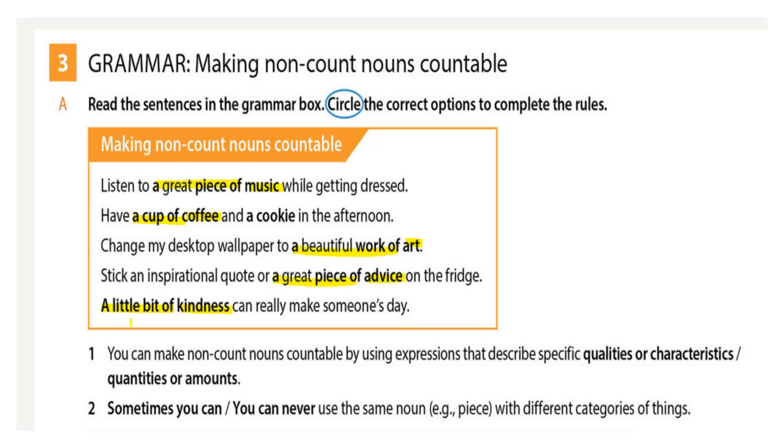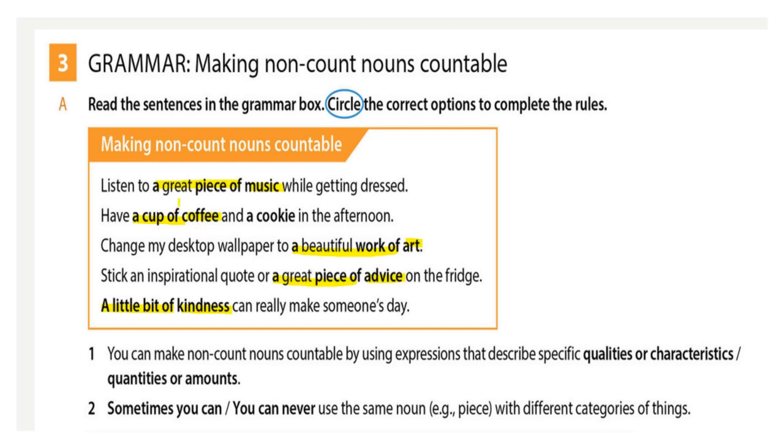So when you see these uncountable nouns with the expressions in front of them, it means these nouns become countable. For example, a cup of coffee means only one, right? If you put coffee in a cup, you can count coffee. You can say a cup of coffee, 2 cups of coffee.